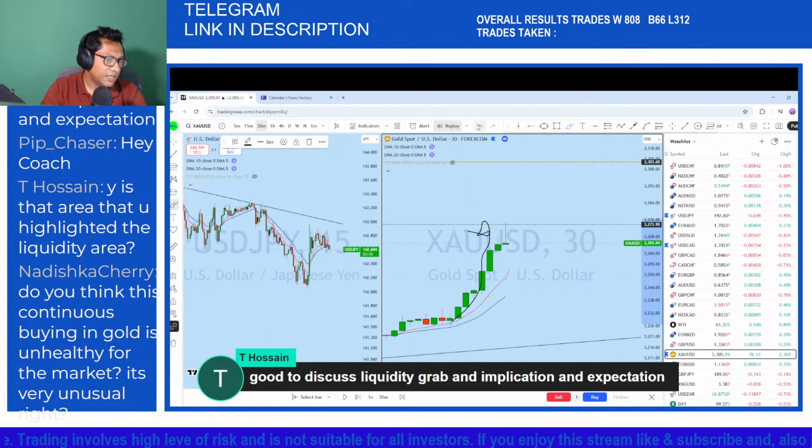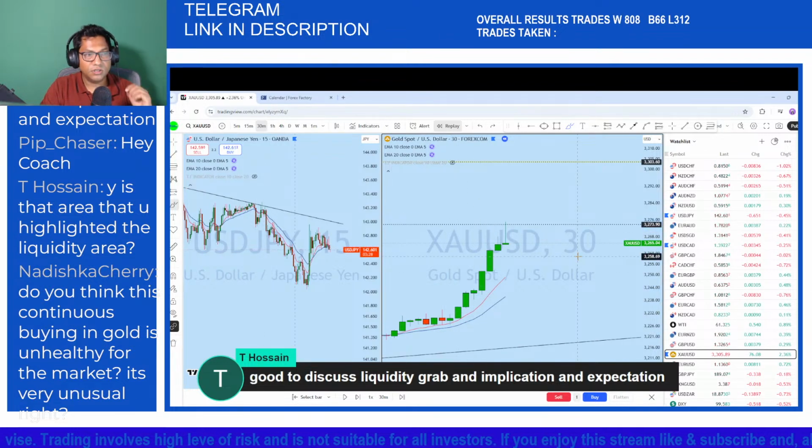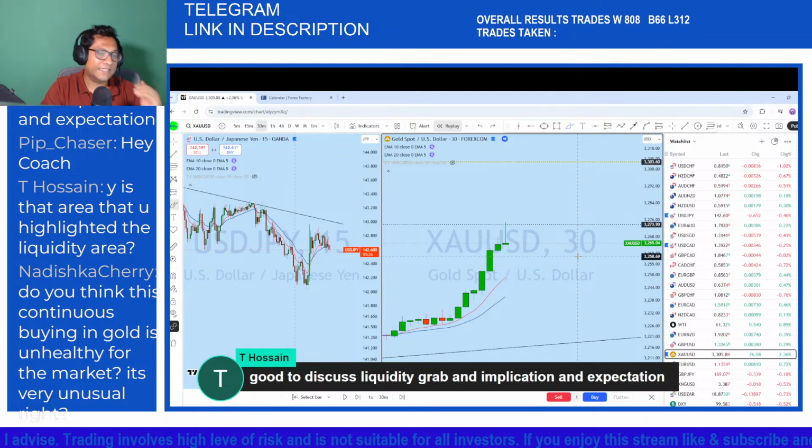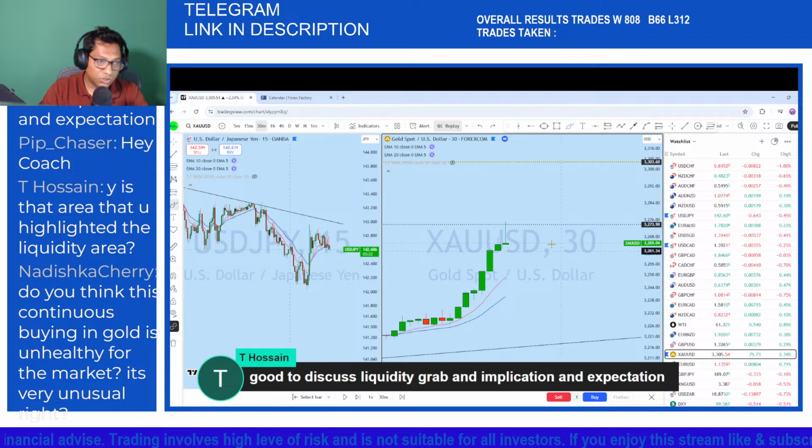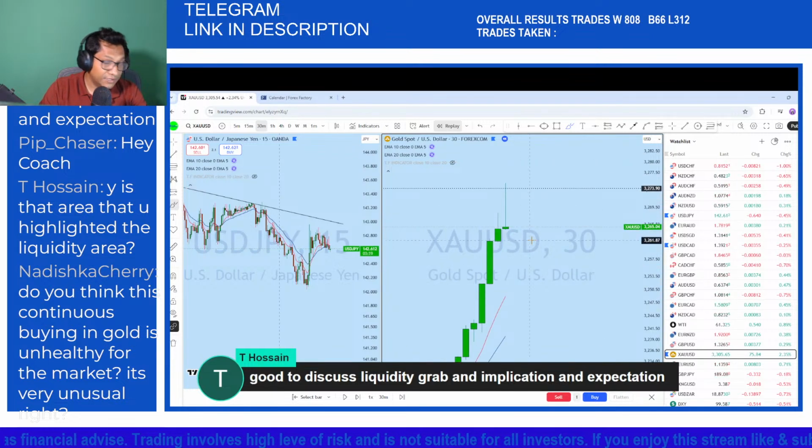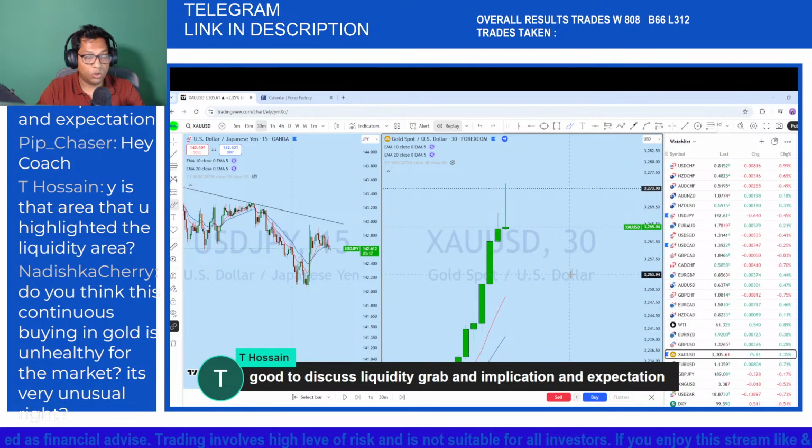Many traders trail the stop loss, and at the same time new buyers are coming into the market. So below each candlestick, each candle, there is a huge stop loss.